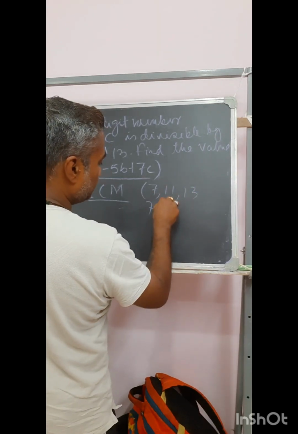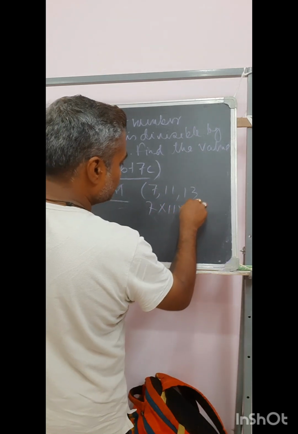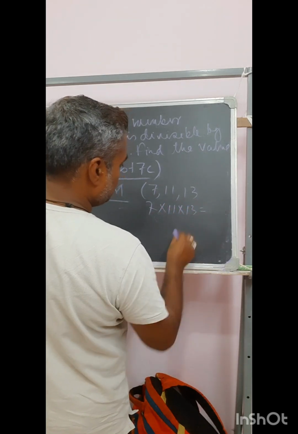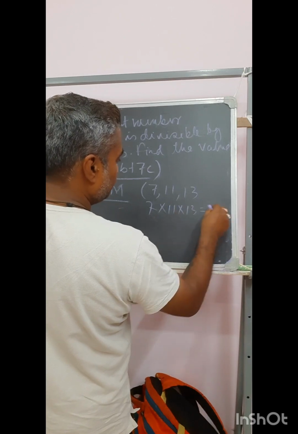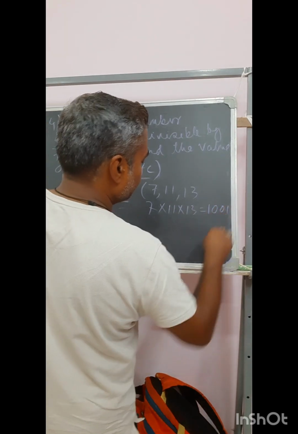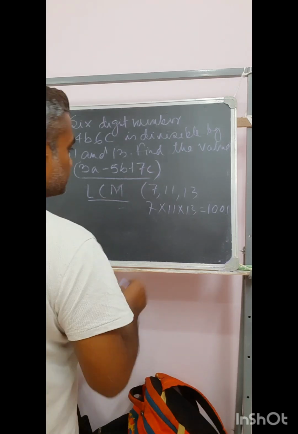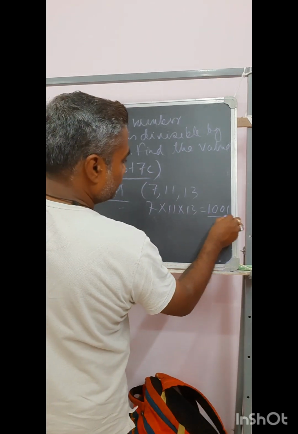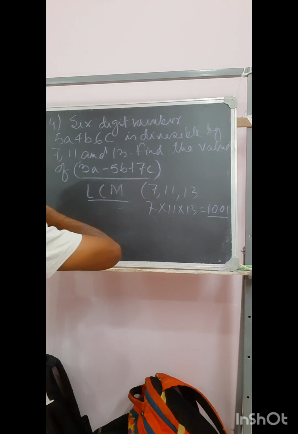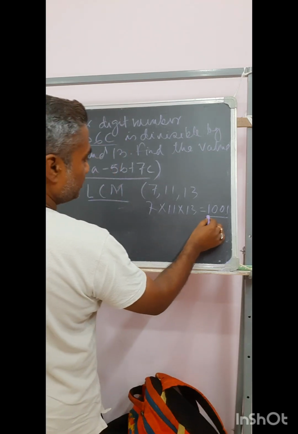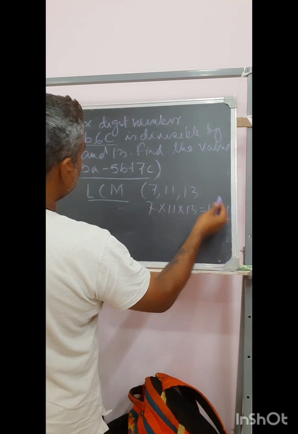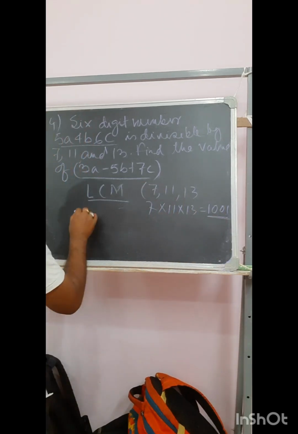I can directly multiply to get the LCM, which will be 91 into 11, that is 1001. Something is very special about this number: if I get a 6-digit number by multiplying 1001 with some number, it will be something like that.